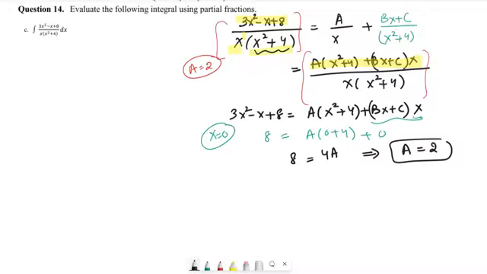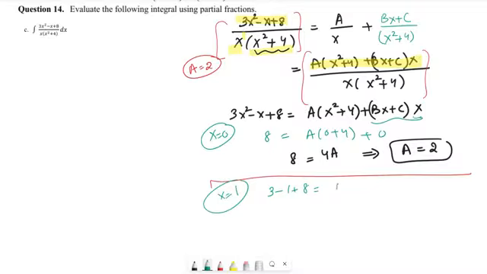I can't find another value of x from the second factor because that's irreducible. So I can pick any x value basically. Let's try x equal to 1. If I put 1, this would be 3 minus 1 plus 8 equal to A times (1 plus 4) plus (b plus c) times 1.